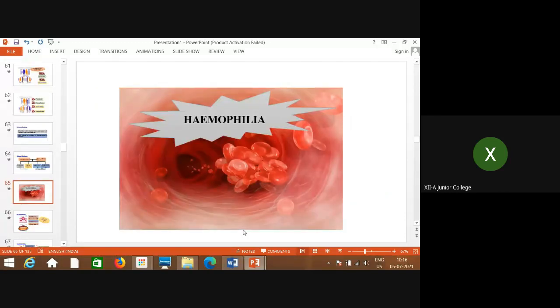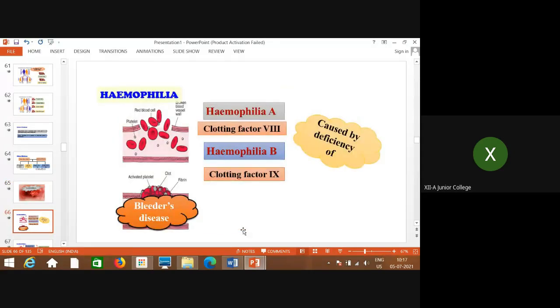So the second example of X-linked inheritance or sex-linked inheritance is hemophilia. Now what does it mean? Hemophilia is of two types, hemophilia A and hemophilia B, because of the deficiency caused in the clotting factor.